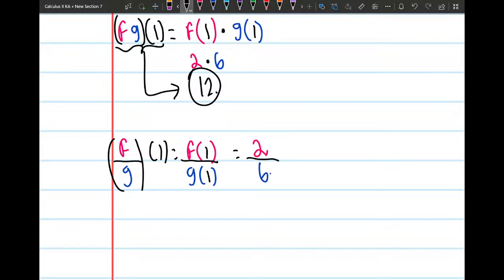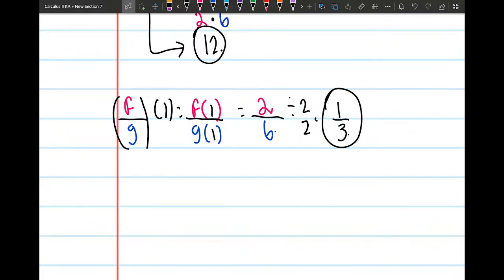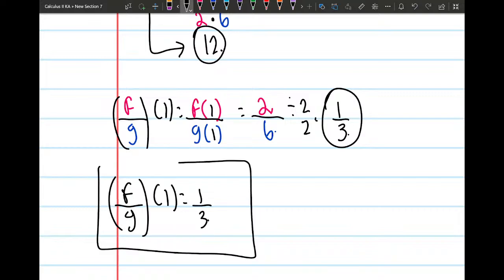So 2 over 6, divided by 2 on top and bottom, we get 1/3. So we know that f over g of 1 is equal to 1/3. So that is how we do that one.